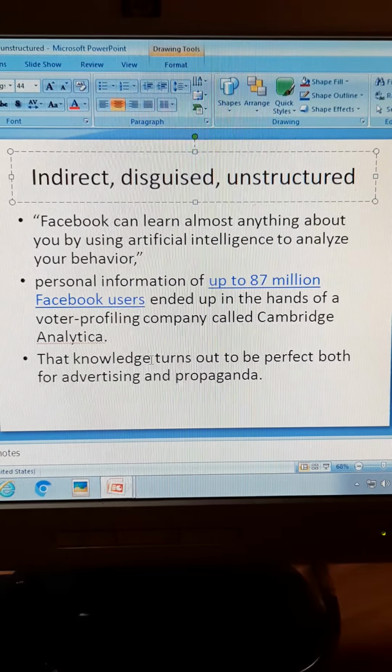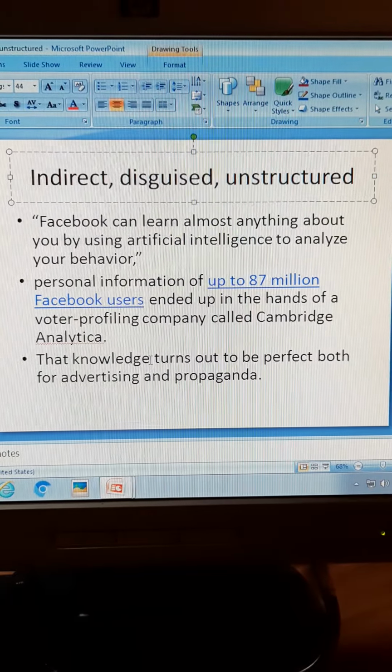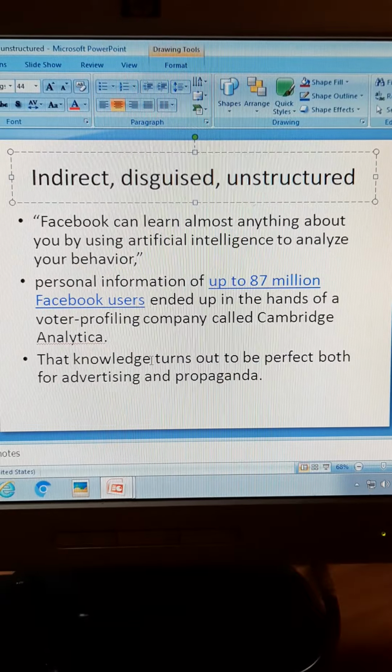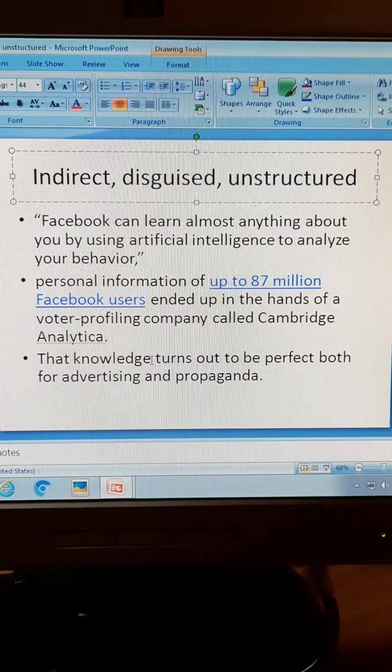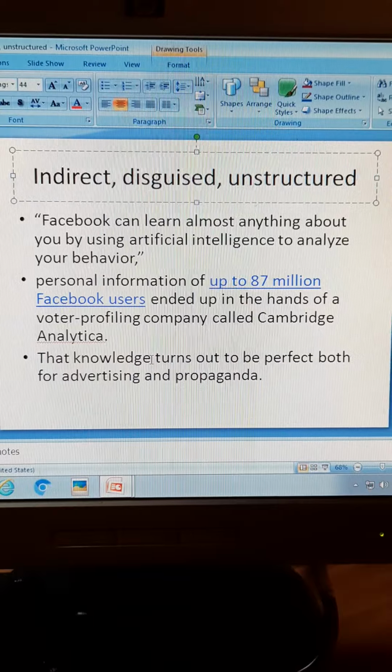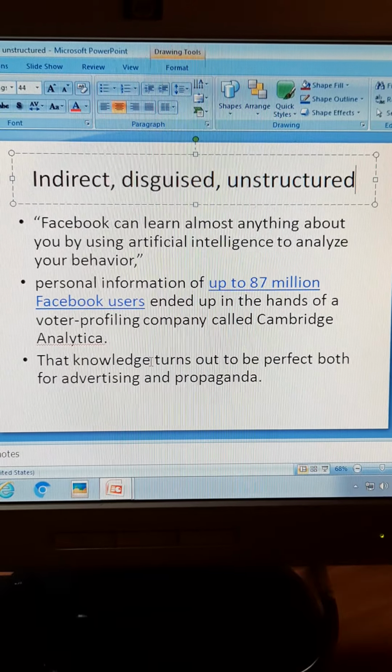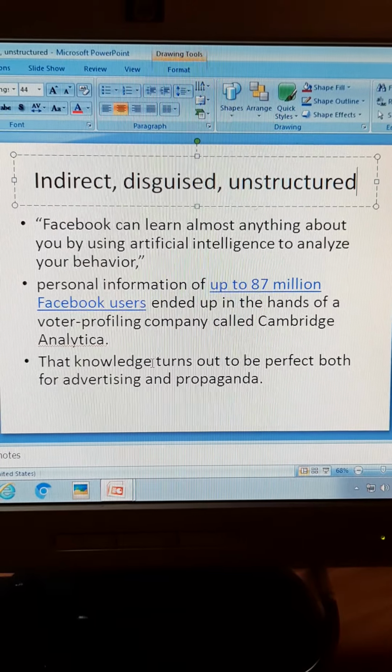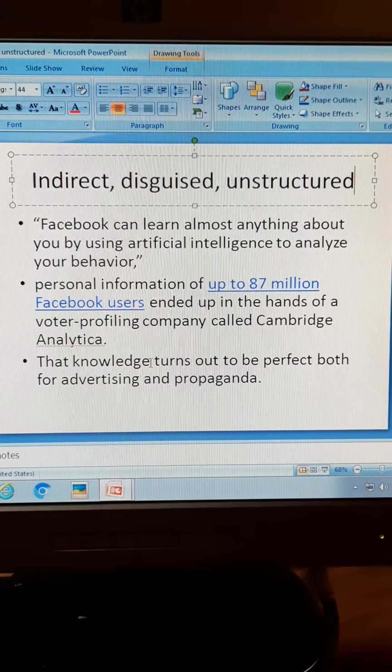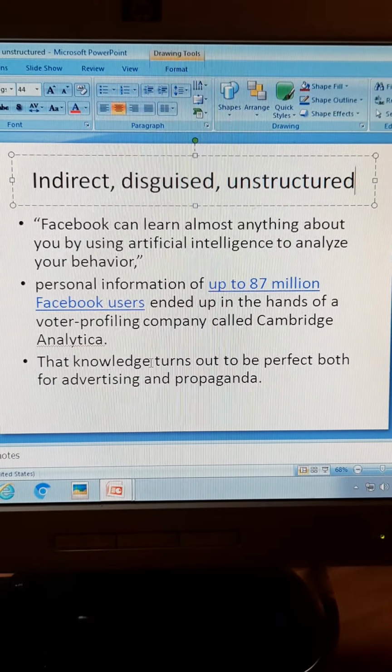To these people, they used artificial intelligence and started sending a lot of information on why they should choose Trump. And finally, you know the result.